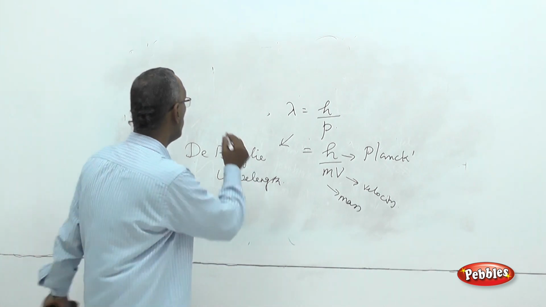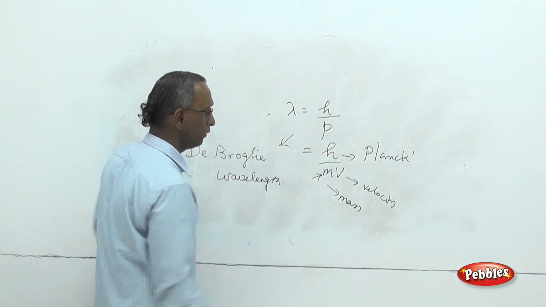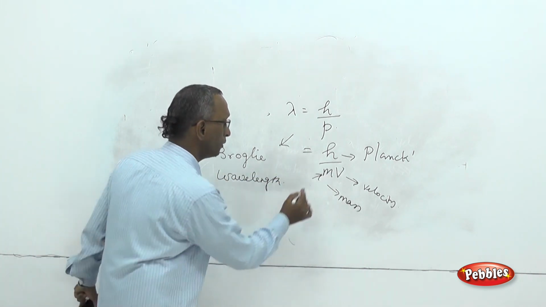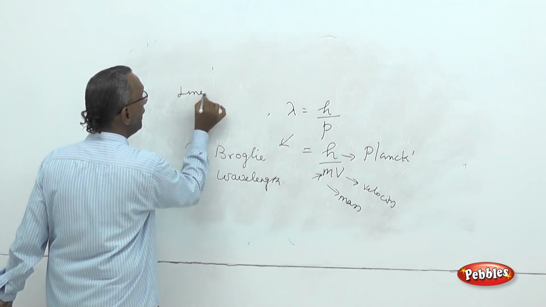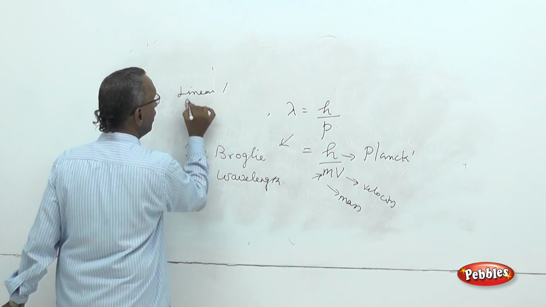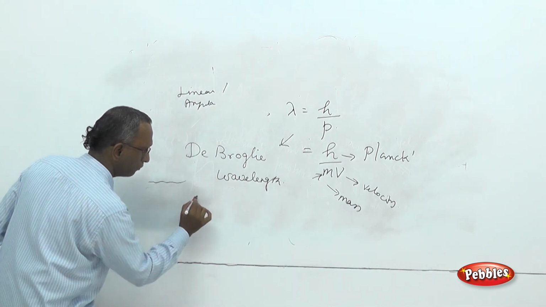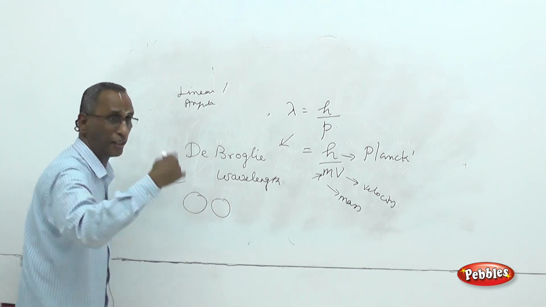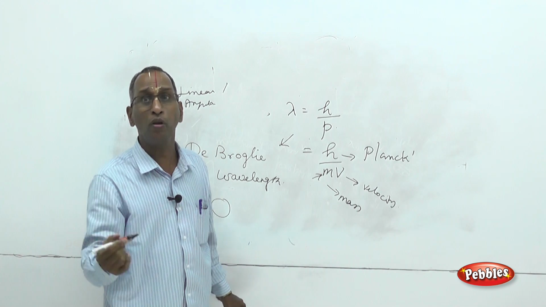Here m means rectilinear motion, linear velocity, and h relates to angular motion. So there are two types of motion, linear motion and angular motion. A spring moves in one direction, but a circular plate or wheel revolves, and that is called circular motion.